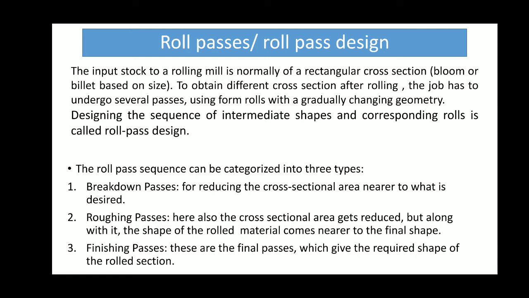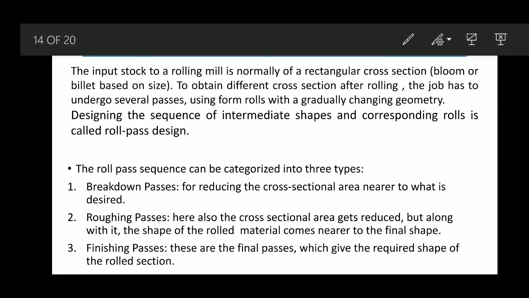Now if we have to reach the final part geometry, then in general the job has to undergo several passes, using form rolls with a gradually changing geometry. Because if you are talking of getting a particular cross section, in a single pass generally it's not possible.